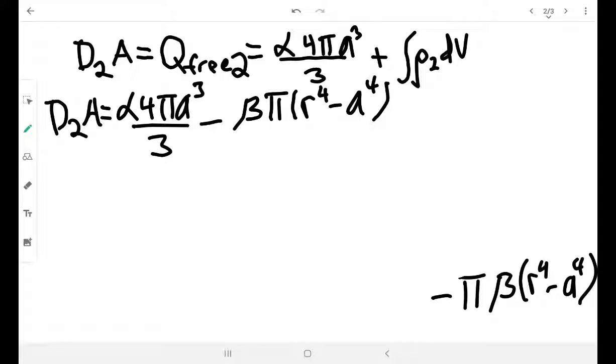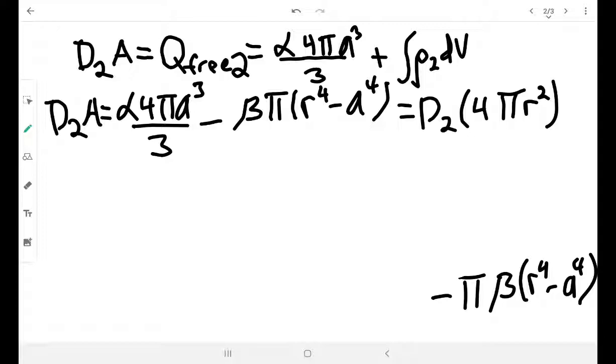Okay, and that's equal to our D2 times our area, which is actually just another Gaussian surface, which is still a spherical shell. So we say 4 pi r squared. And now we can divide by 4 pi r squared and find out what D2 is.